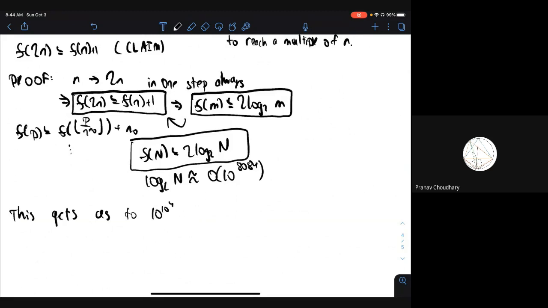Can you repeat the question, please? How did you get that f of m is less than or equal to 2 log 2 of m? Yes. Okay, it's just that f of 2m, if we have that 2 times the log 2 of 2n is less than or equal to 2 times the log 2 of n plus 1.